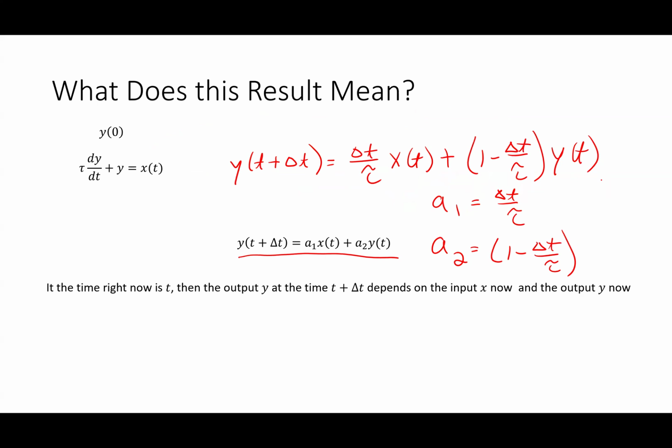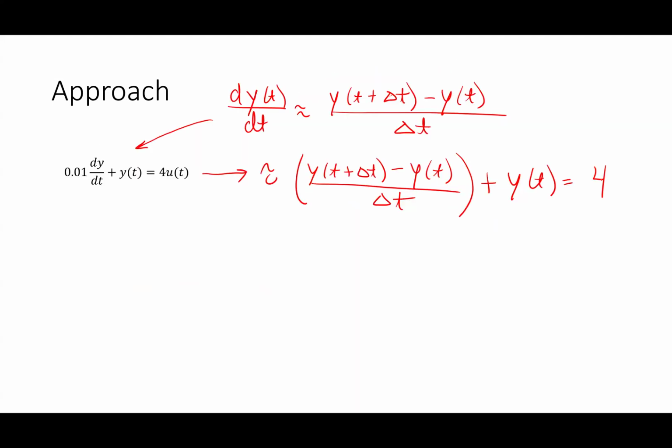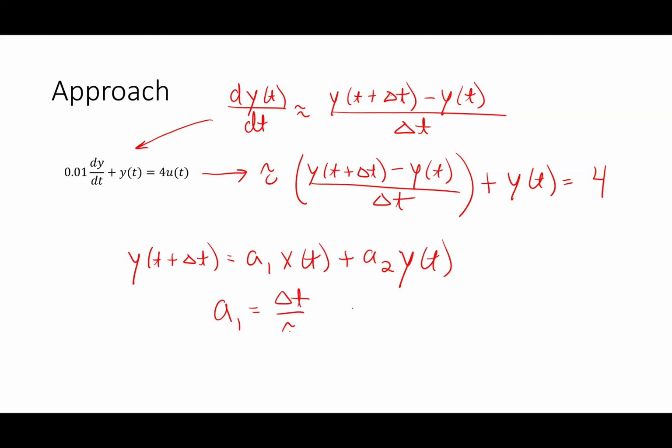Basically, if I rearrange it, I'm going to solve for y of t plus delta t, and that's going to be equal to a1 x of t plus a2 y of t, where a1 and a2 are those two things I defined before. So a1 was delta t over tau, and a2 was 1 minus delta t over tau. So I have that sort of result.